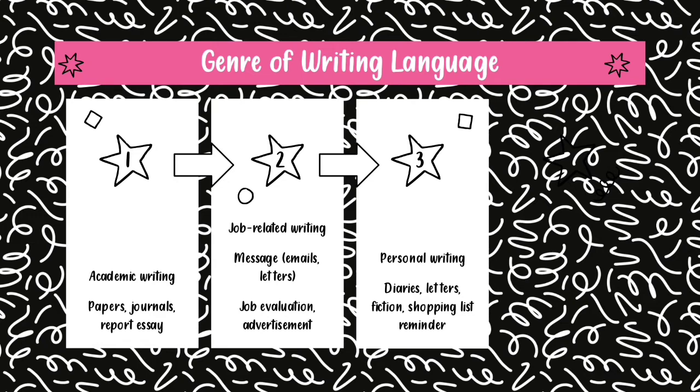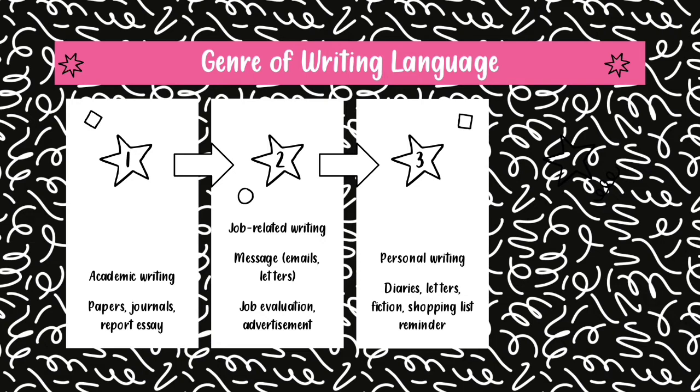First, academic writing. Academic here is basically a topic that is related to school or college. Academic writing deals with papers, journals, or report essays. Second, job-related writing. Job-related writing deals with messages, including emails or letters, job evaluations, or advertisements.